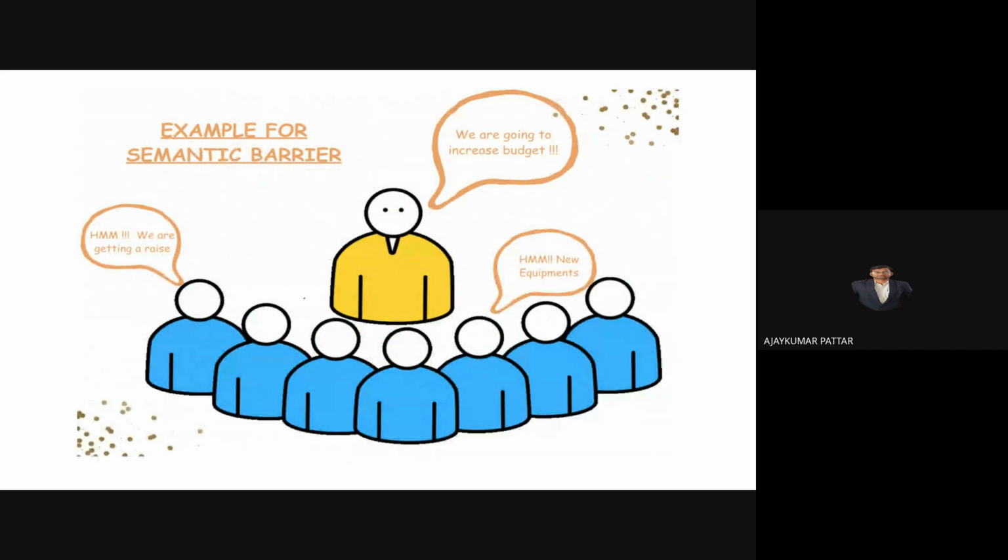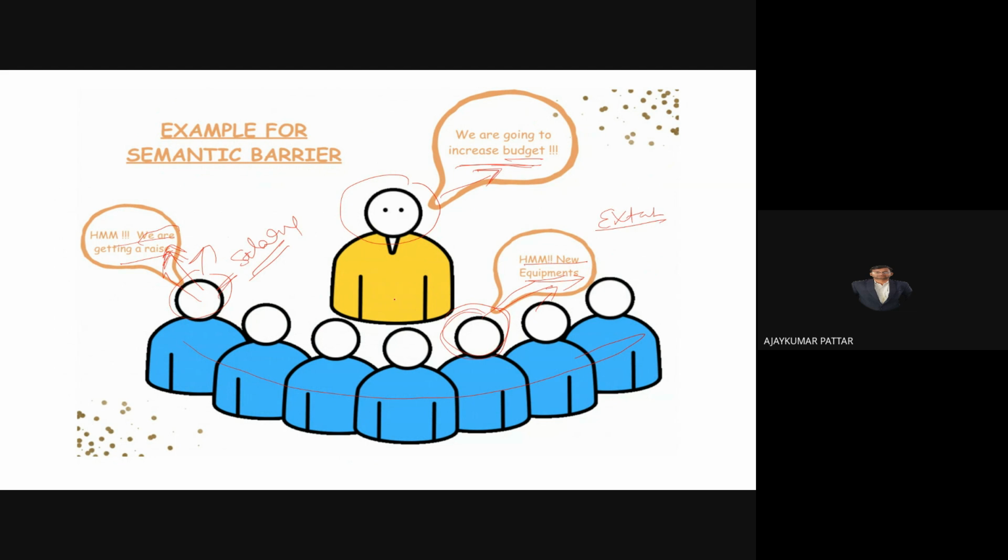For example, here this person is saying we are going to increase the budget. One person in front of him thinks, oh, we are getting a raise; the budget is increasing, which means my salary will increase. But this other person is thinking, oh, extra equipment or extra work is being added in our organization.